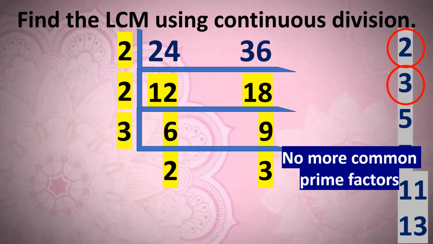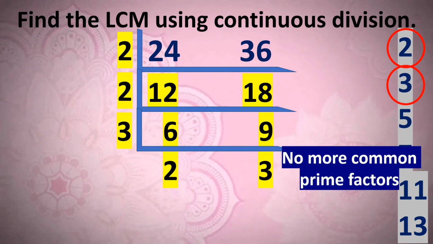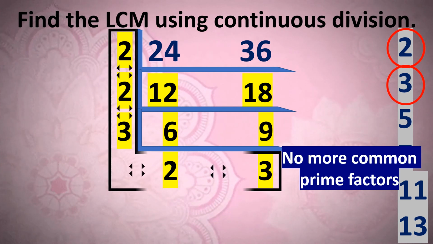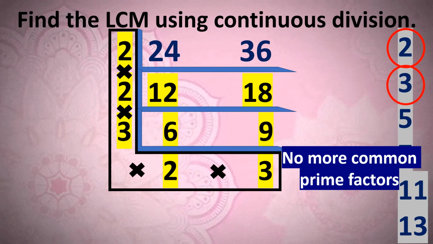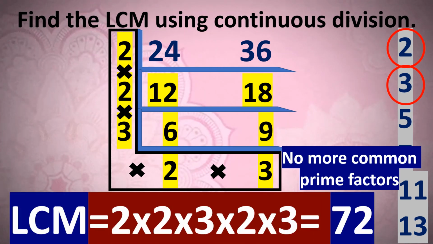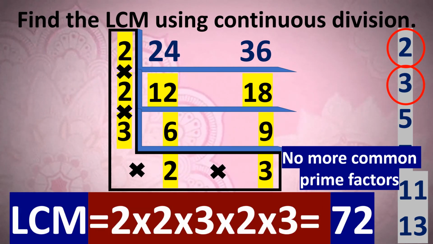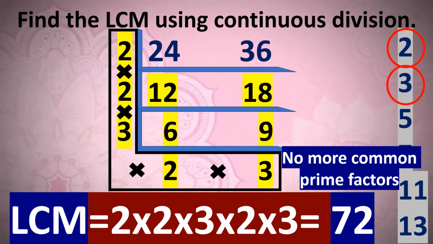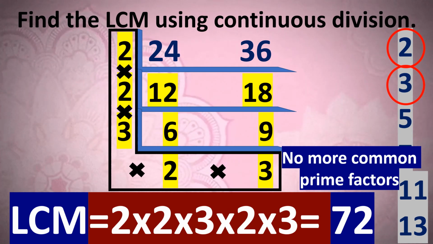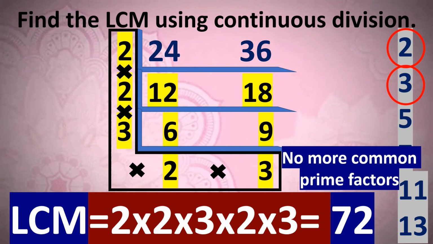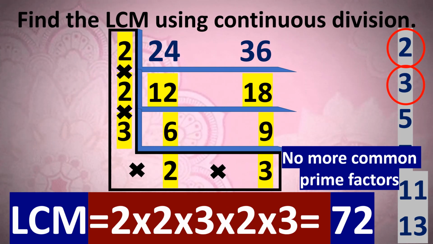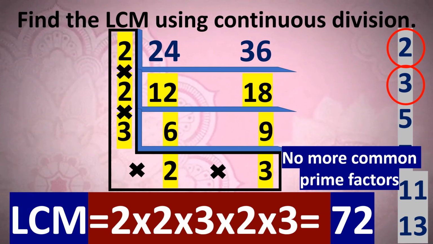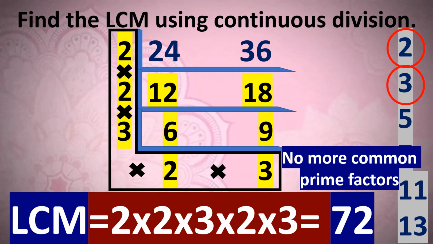Since we don't have any more common prime numbers here, we will multiply all together. To get the least common multiple, we have 2 times 2 equals 4. 4 times 3 equals 12. 12 times 2 equals 24. 24 times 3 is 72.